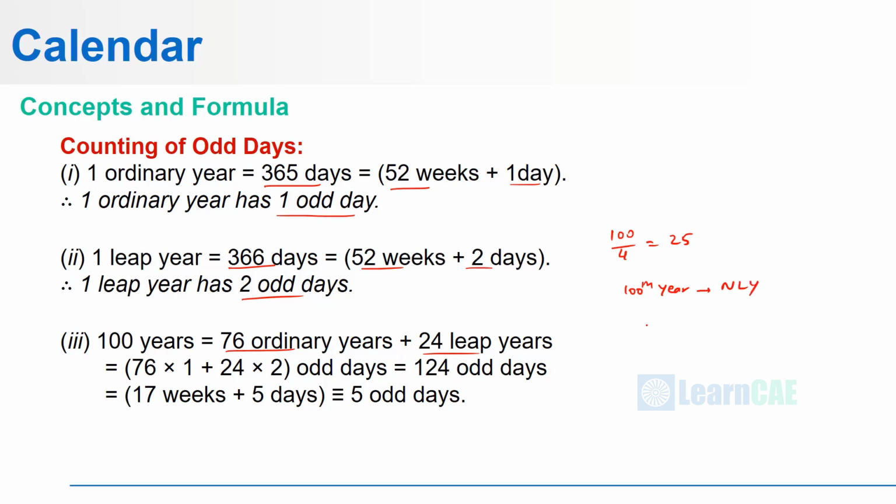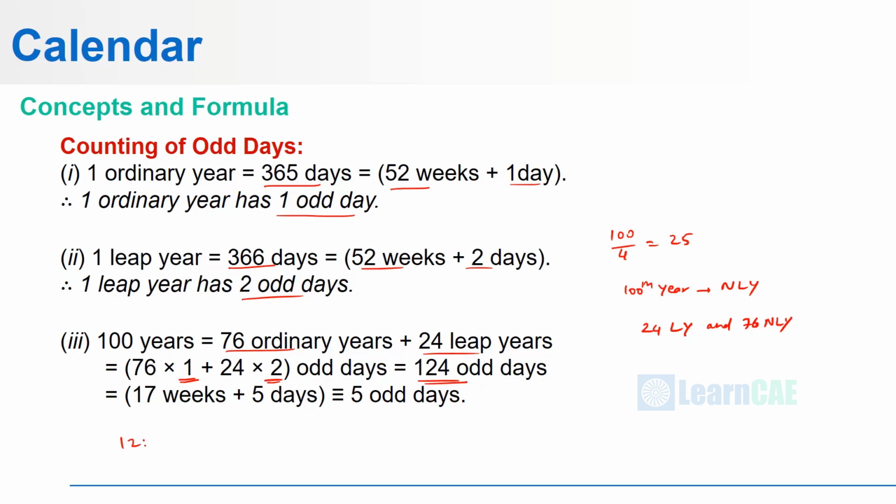Therefore, there are 24 leap years and 76 non-leap years. Therefore, if you see, out of 100 years, 76 ordinary years has got 1 odd day and 24 leap years has got 2 odd days. Therefore, multiplying this, we will get 124 odd days.